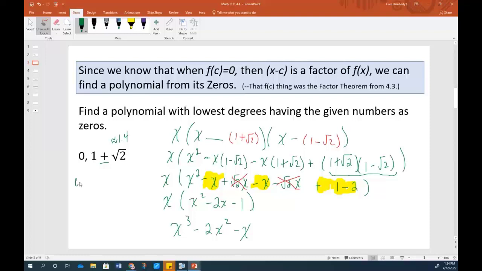So really, to do a check, my calculator needs to give me a 0, a 1 plus the square root of 2, so that'll be approximately 2.4. It's going to keep going. And then 1 minus 1.4 will be like a negative 0.4, and that's going to keep going. So if I've done all my multiplication right, those are the answers I would be looking for on my calculator.